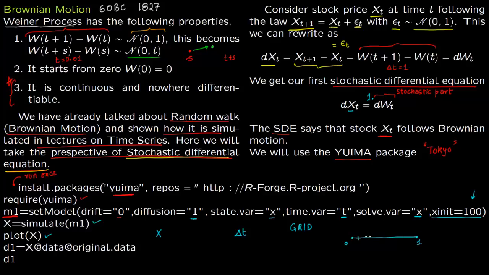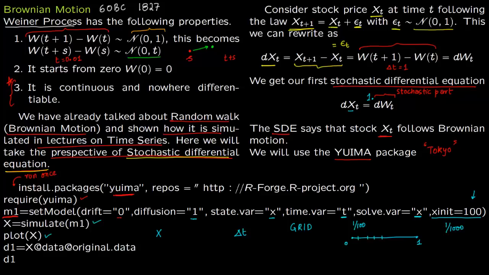So every delta t is nothing but 1 by 100. This is the delta t we are going to use. Now you can change this delta t, change this grid. When we run this on R, I will change the grid and make the grid to 1 by 1000, and then we will have 1000 simulations. So we will see that when we run this set of commands.